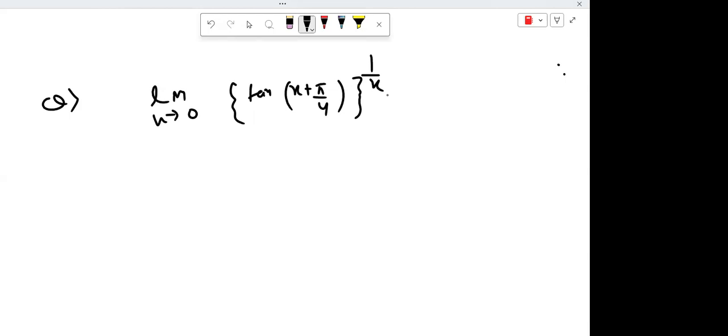Just put the value of x as 0. Will be infinite or 1 to the power infinite? 1 to the power infinite.